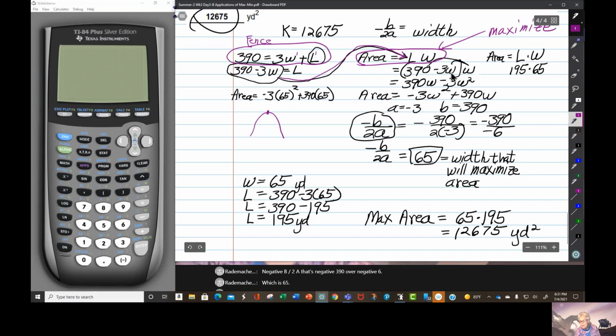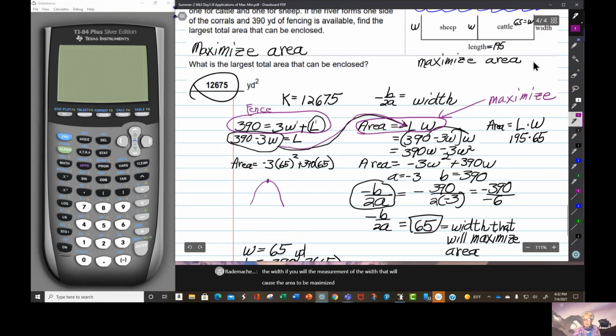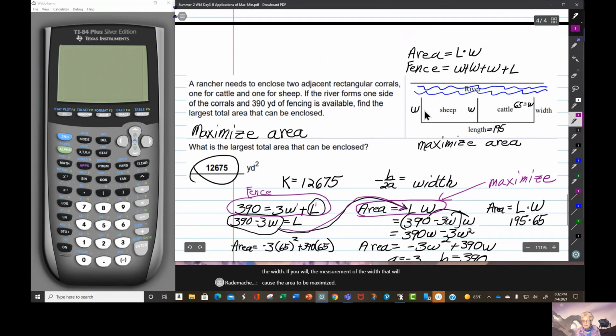And since our variable in the area is W, this is the length of the width, if you will, the measurement of the width that will cause the area to be maximized. So I'll have 65, 65, and 65.